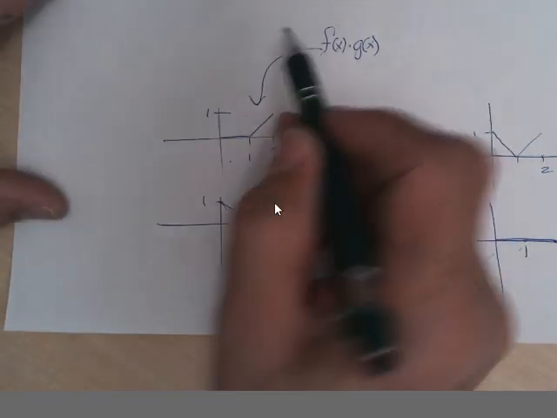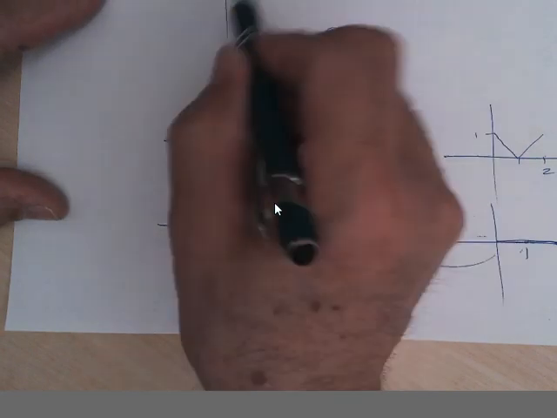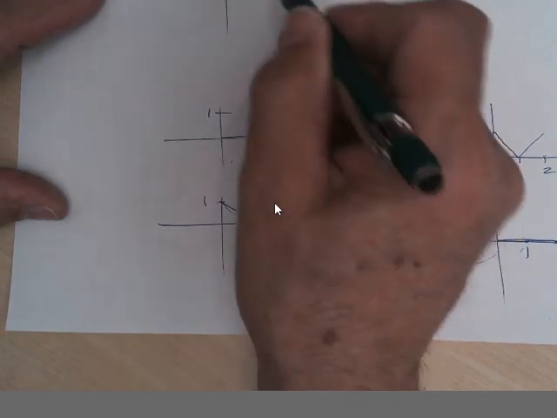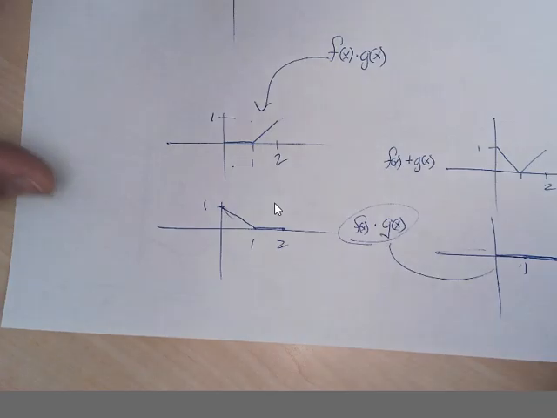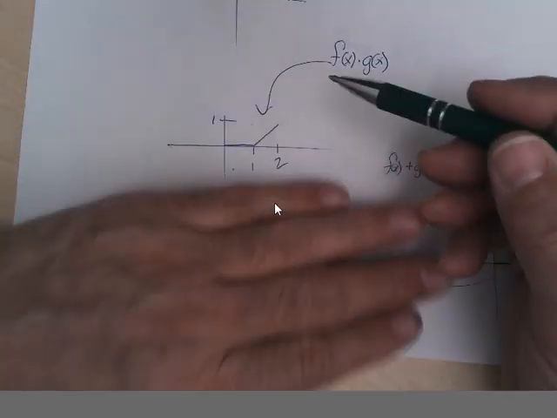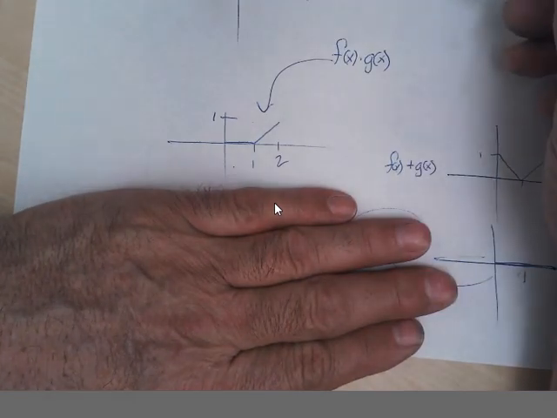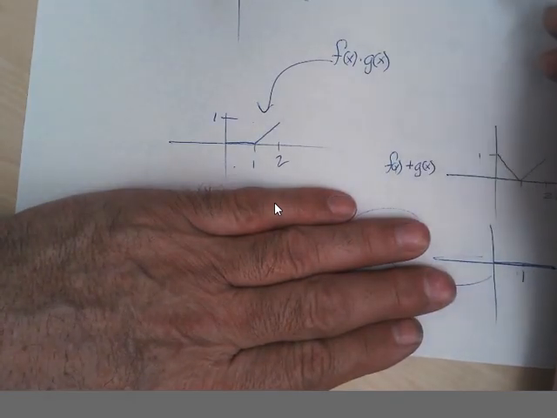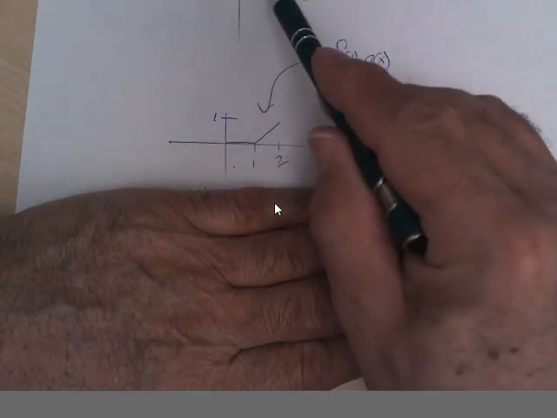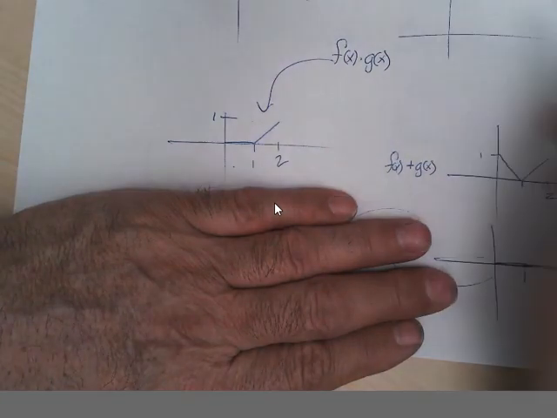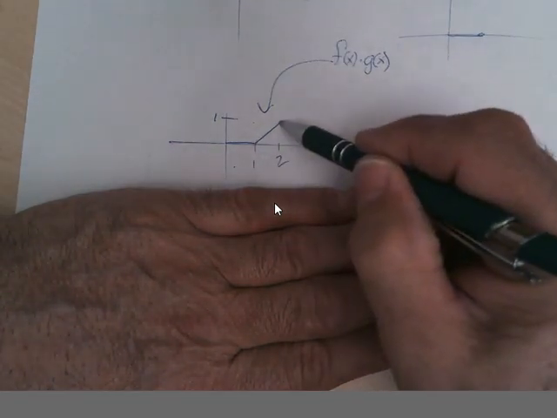Now, if I were to have another graph, let's say it's h, that looked like maybe this and then this. Let's see what that would be. Let's call this h of x, and I multiplied these, h of x times f of x. 0 times this would be 0, and this is a line.